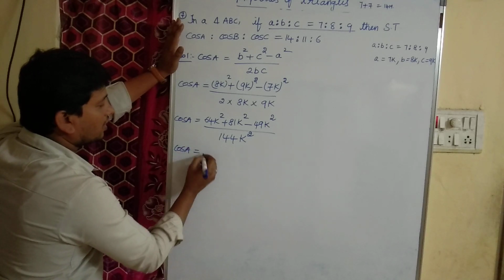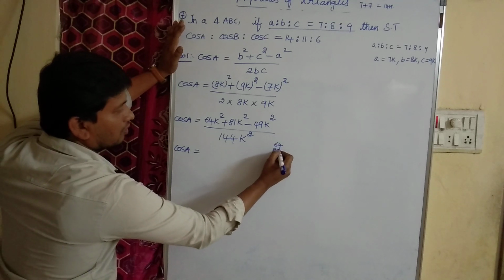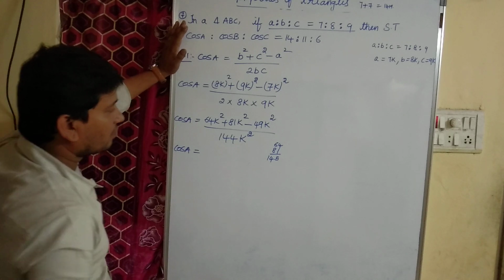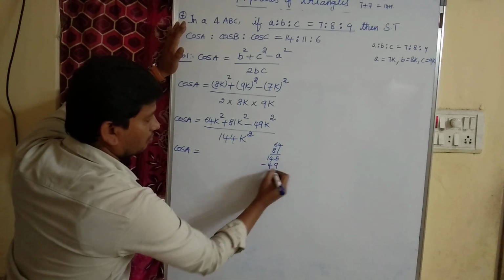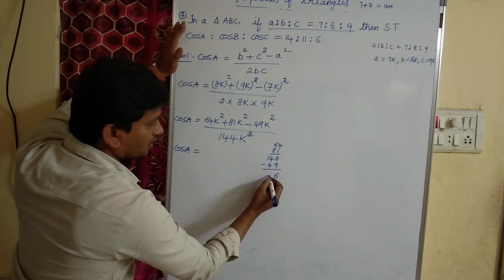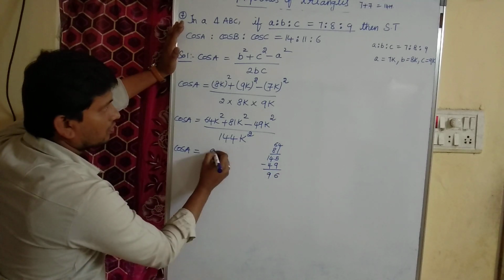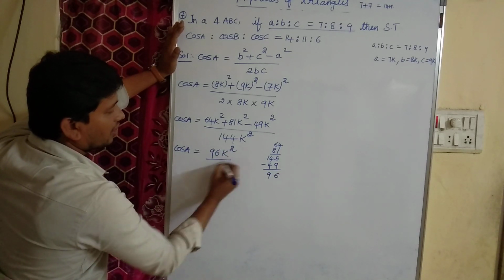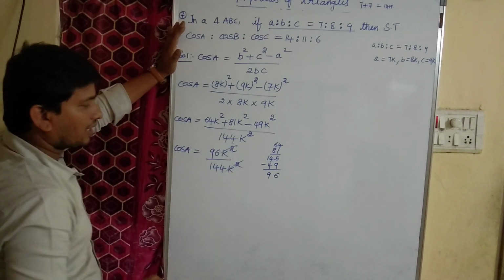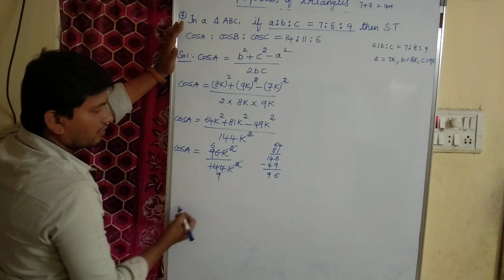So cos A equals 64 plus 81, that is 145, minus 49, which is 96k square, divided by 144k square. The k square cancels. 16 times 6 is 96, 16 times 9 is 144.